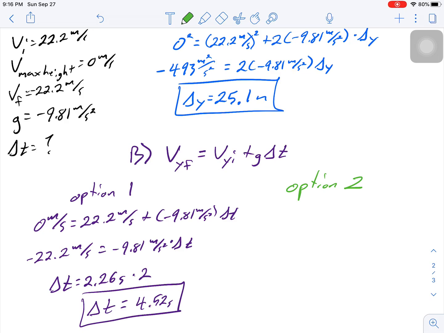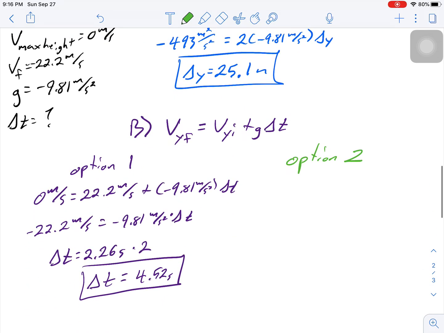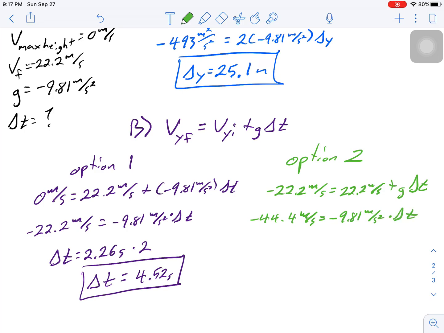Option 2 is we assume that the final height is the same as the initial height, which it says in the question. So that means our final velocity is negative 22.2, our initial is 22.2, and then we have g delta t. We know g is negative 9.81. We work through the math on this one, and we get negative 44.4 meters per second equals g times delta t.